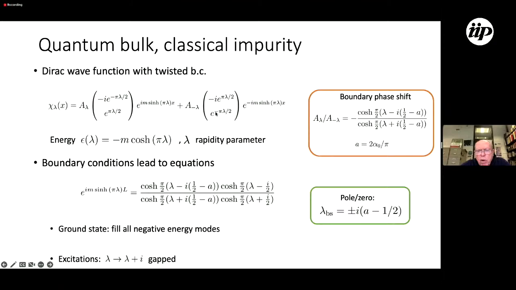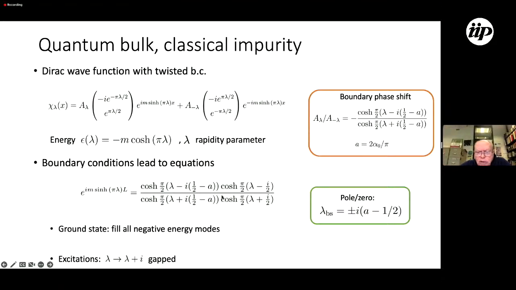So the fermion is reflected at the boundary with this phase shift. And this leads to an equation for lambda, which is written down here. In other words, we impose the boundary condition and we find that e to the i m sinh pi lambda times L has to be equal to this phase shift.